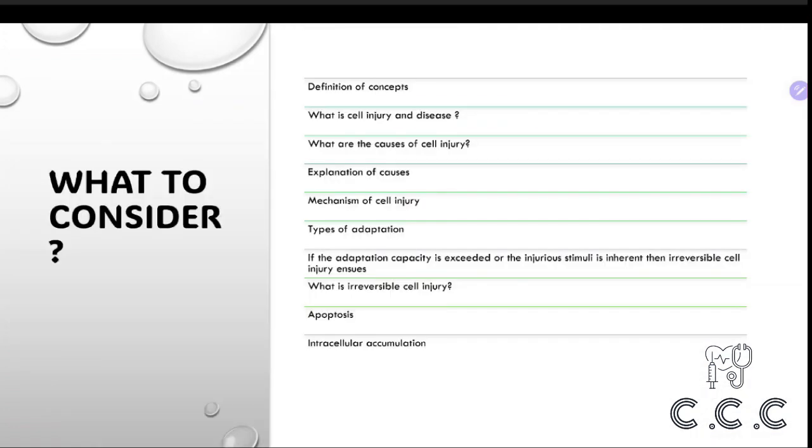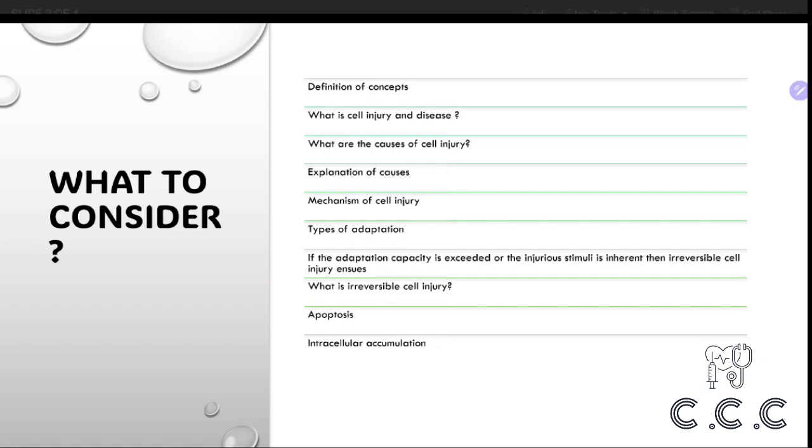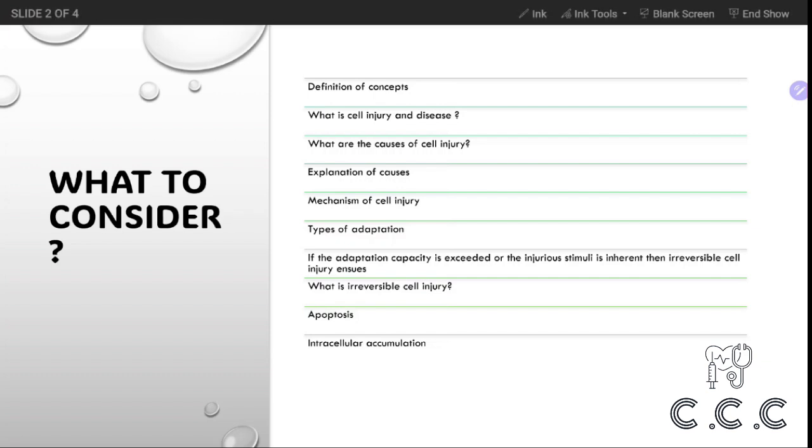What are we going to look at here? Now, we are going to look at the definition of the concepts of cell injury and cell death and adaptations. We are going to look at what is cell injury and disease, what are the causes of cell injuries. We are going to explain most of the causes, how do these causes play a role in ensuring cell injury or cell death.